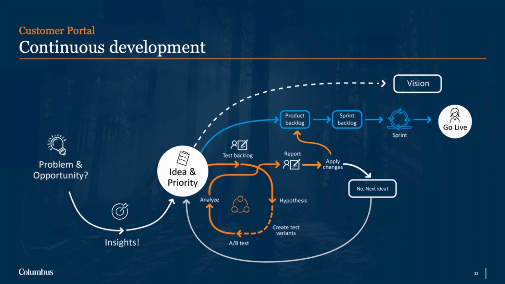Some ideas go to the backlog for development. Some ideas go to a test backlog where you test variants, you do A/B tests, you analyze, you make decisions. Usually it's a team with UX, SEO, content, and conversion knowledge. So the UX work doesn't stop when you actually go live with the first phase.